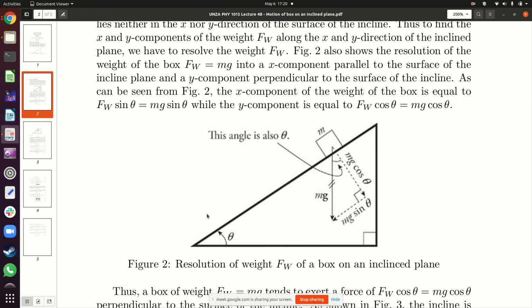And when the box is sliding down the incline with increasing velocity, the resultant force is not equal to 0 and it is positive. That's why the velocity is increasing. So you have two situations where at one point the resultant force is equal to 0, at another point the resultant force is not equal to 0.